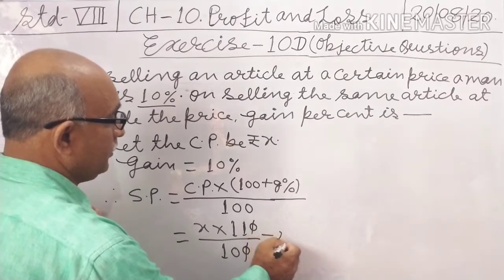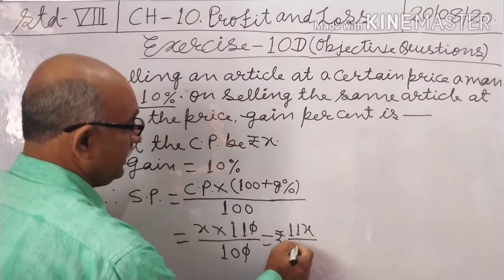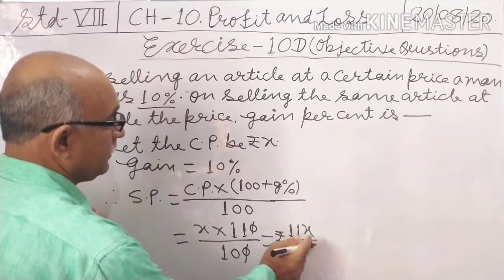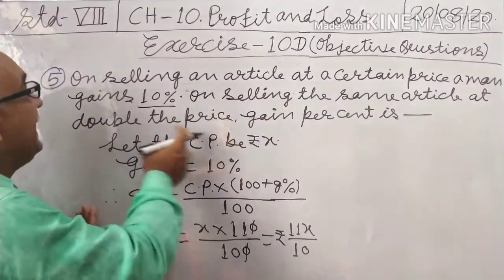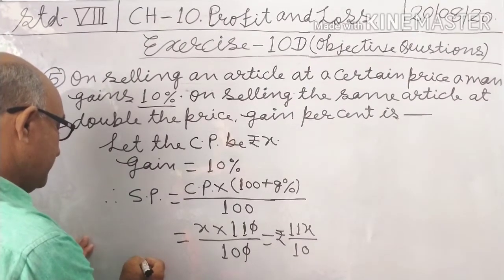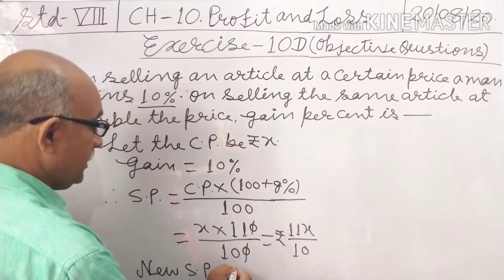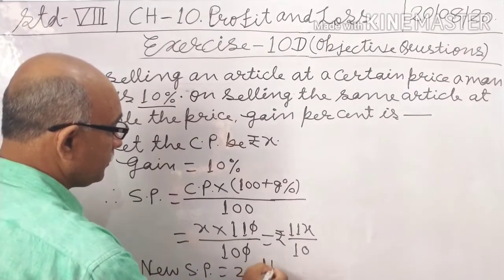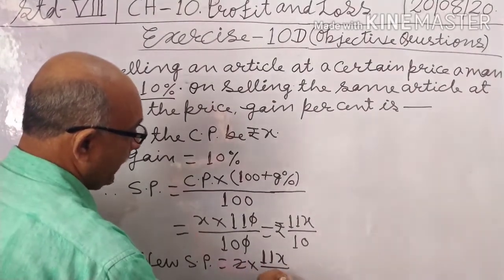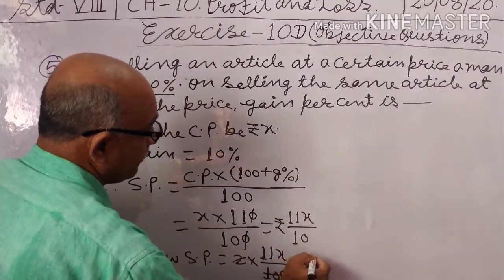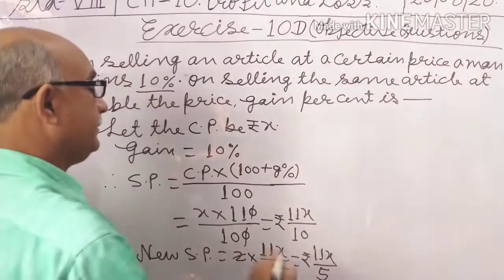Cancel 0 to 0, equal to rupees 11x by 10. Now, the question is saying that on selling the same article at double the price, so new selling price equal to 2 into 11x by 10, 2 fives are 10, equal to rupees 11x by 5.